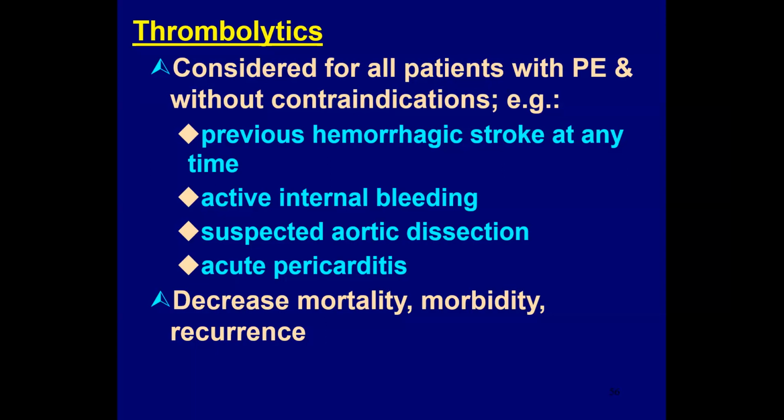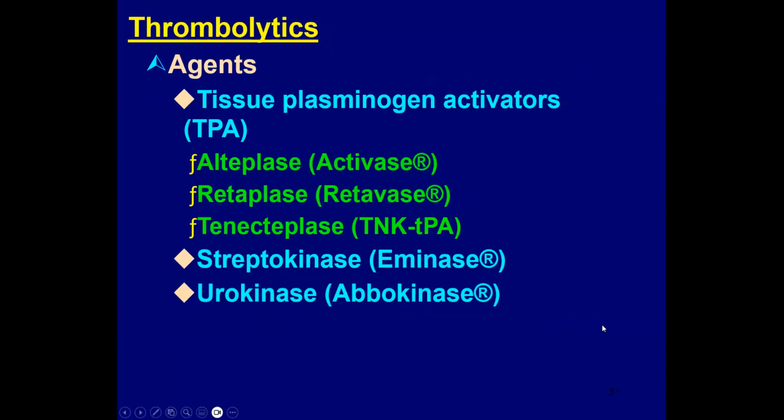It also would be contraindicated in the presence of active internal bleeding, suspected aortic dissection, and also in acute pericarditis. The thrombolytics will decrease the mortality and the morbidity and recurrence of the pulmonary thromboembolus.